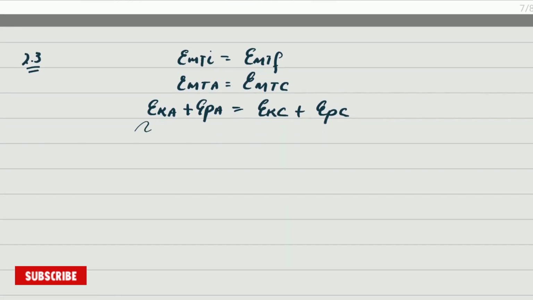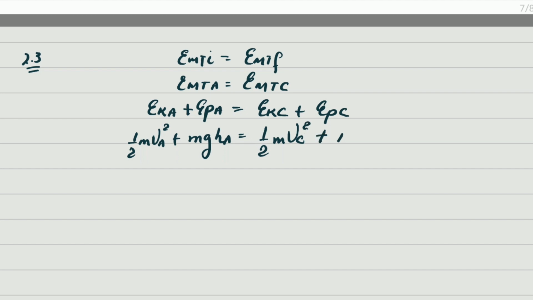So if we substitute here, we have half the mass multiplied by the speed at A squared plus mass multiplied by g multiplied by the height at A. Here on the other side you have half mass, the speed of the object at C, which is what we are in actual fact looking for, plus mass, acceleration due to gravity, height at C.